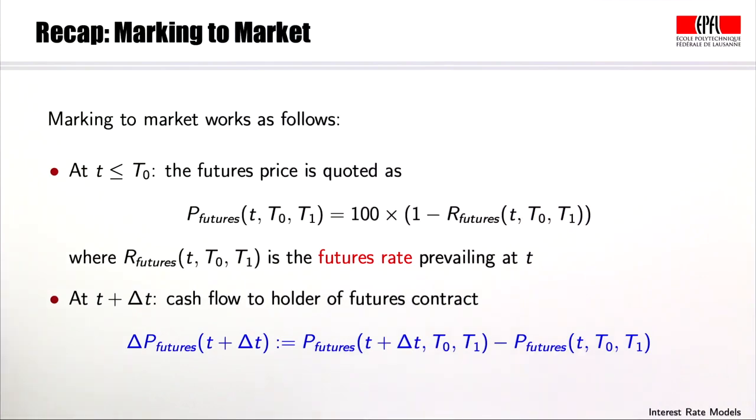We denote this cash flow by delta futures price at t plus delta t. This cash flow can be positive or negative.